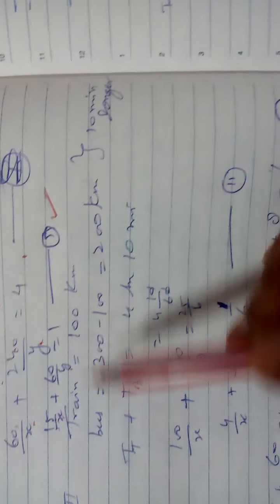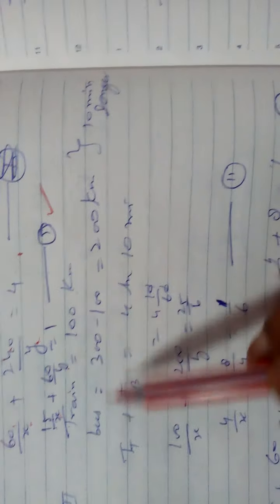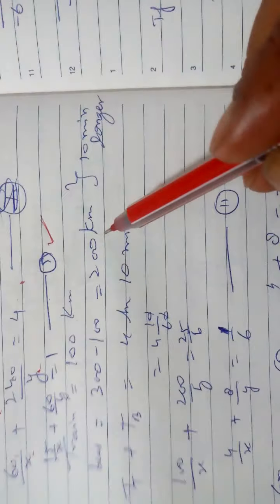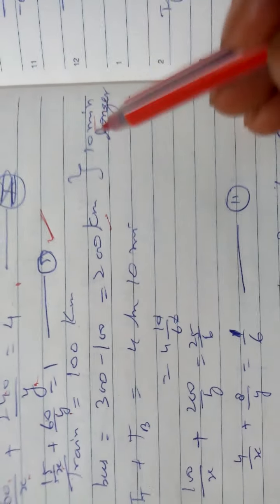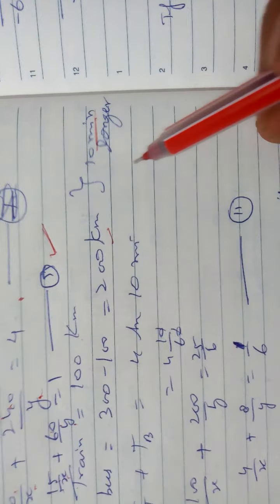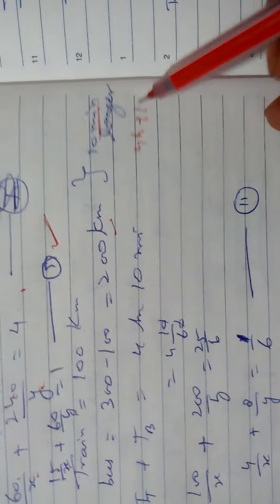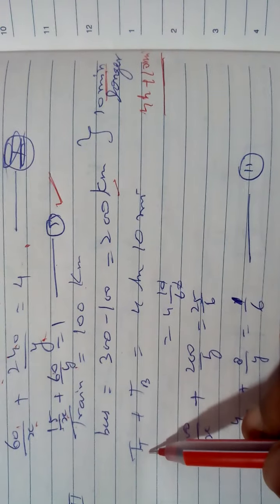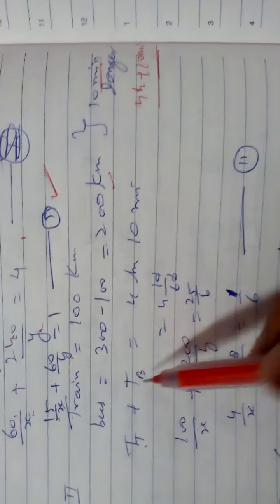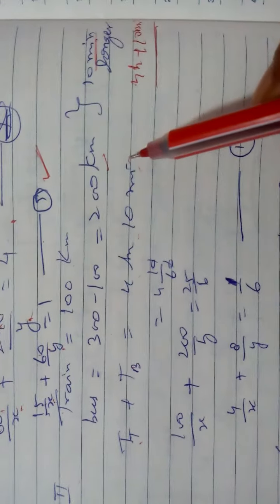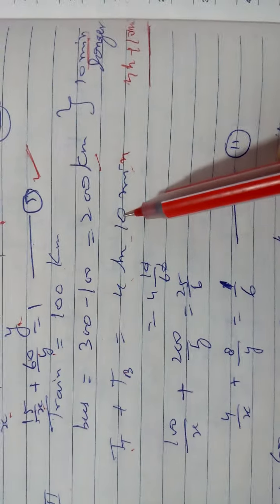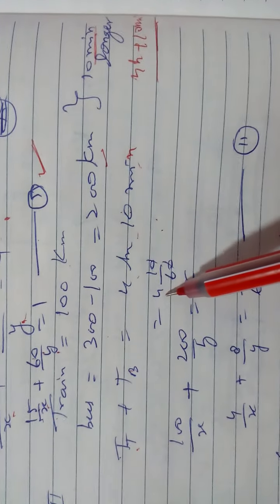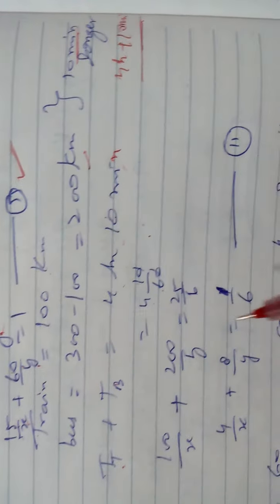Second condition: 100 km by train, the rest by bus, means 300 minus 100, 200 by bus. In how many hours? 10 minutes longer, which means 4 hours plus 10 minutes. So time by train plus time by bus equals 4 hours 10 minutes. 10 upon 60 is 1 upon 6, so 4 whole 1 upon 6 hours.